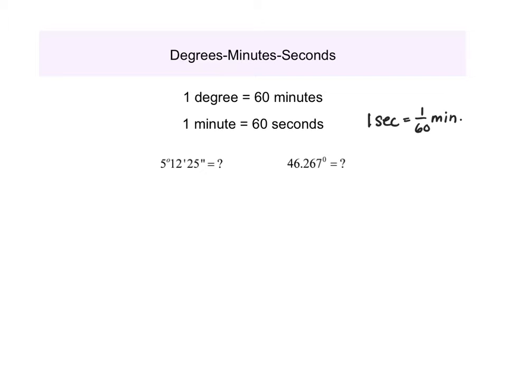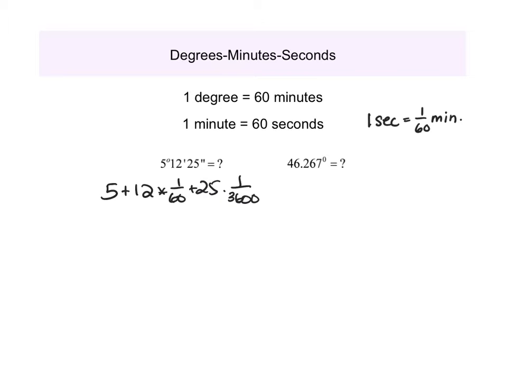So if I want to convert 5 degrees, 12 minutes, and 25 seconds, and you'll notice how this is abbreviated here. Minutes is abbreviated with 1 tick mark. Seconds is abbreviated with 2 tick marks. So this would become 5 plus 12 times 1/60 plus 25 times 1/3600.